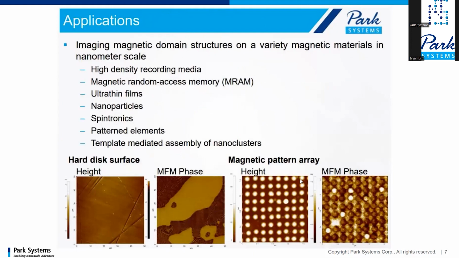Let's take a look at some of the applications. Some of the common applications for magnetic materials are recording media, MRAM, ultra thin films, nanoparticles, spintronics, pattern elements, and nanoclusters. This is an example image of a hard disk and a magnetic pattern array.